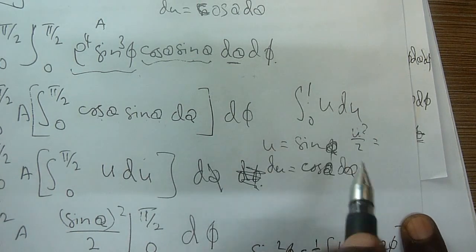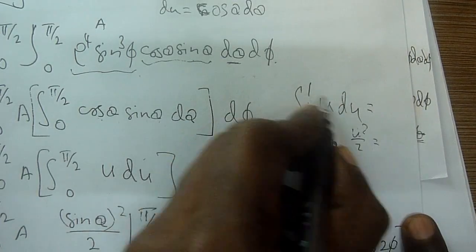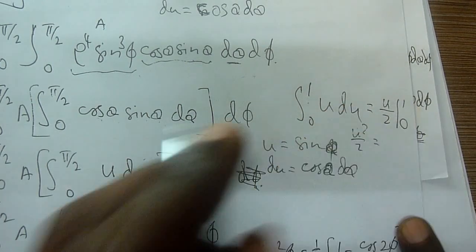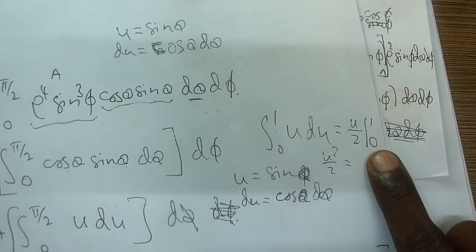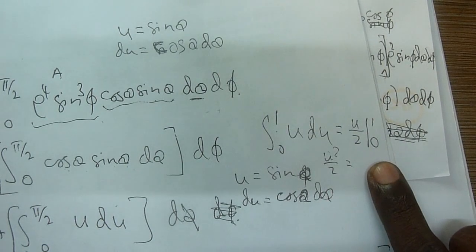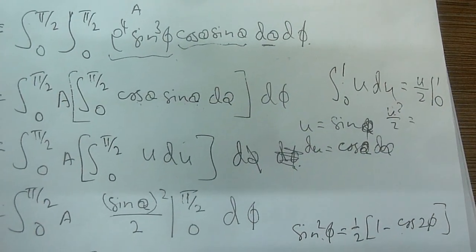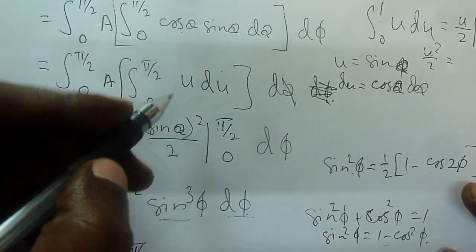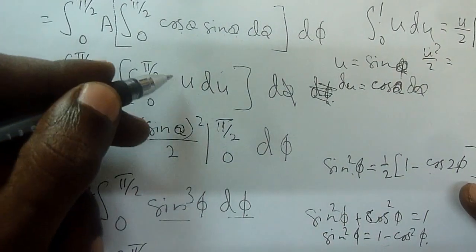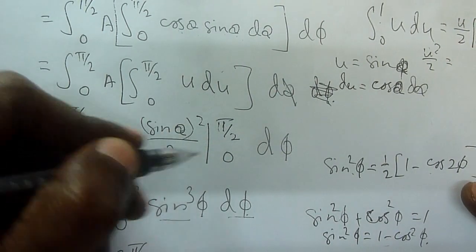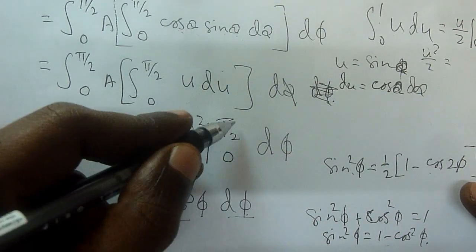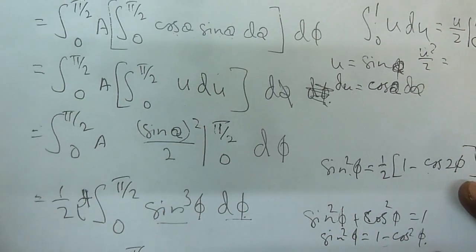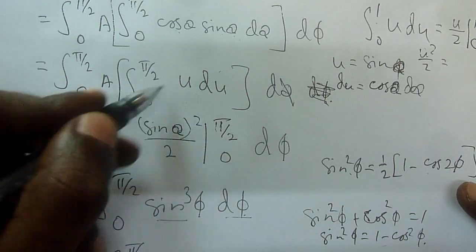That means you can get u squared over 2 from 1 to 0. Straight away you can solve. I'm doing this because of the practice. If you want to convert back, you can convert. Sometimes this is a long way, but you can do it straight away. Some of you might be very good in this, you can solve straight away.